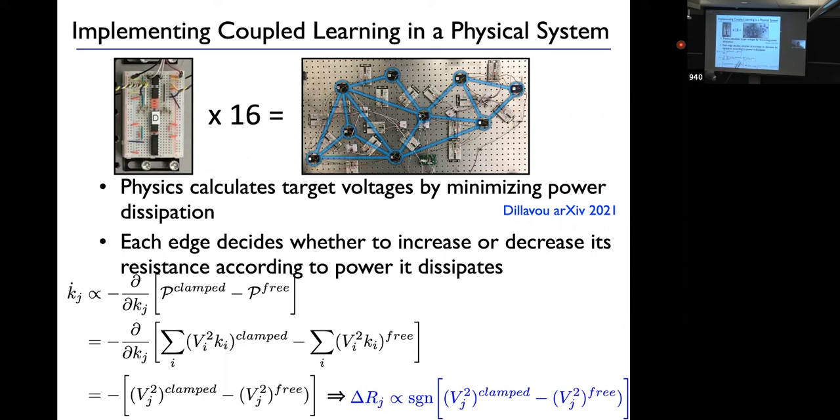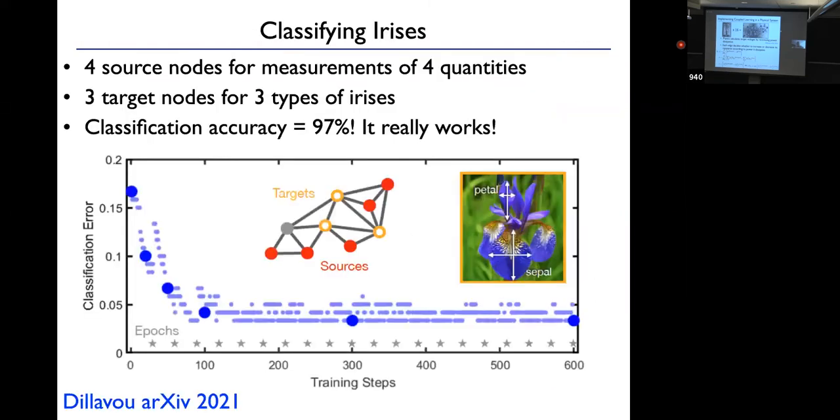One network is running the free boundary condition. The other one is running the clamped boundary condition. And then there's circuitry on each edge to couple the two twin edges together and compare the sign of the voltages, and then just tune the resistance up by one notch or down by one notch. And this thing works.